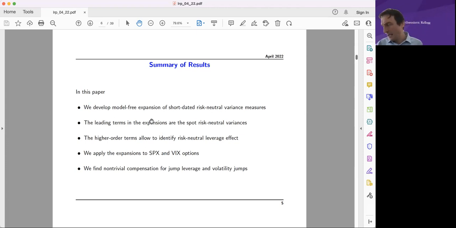We will use both SPX and VIX options, and they will provide an independent source of verification of the story which we are trying to tell here. And if I have time, I will tell you a little bit about what kind of equilibrium models can generate this type of effects.